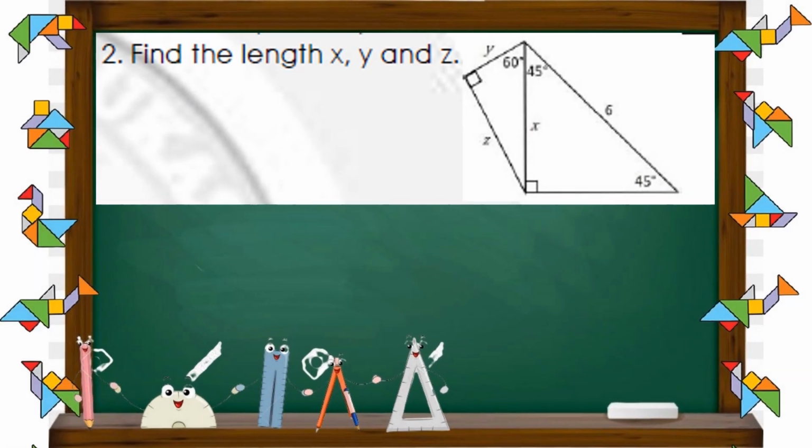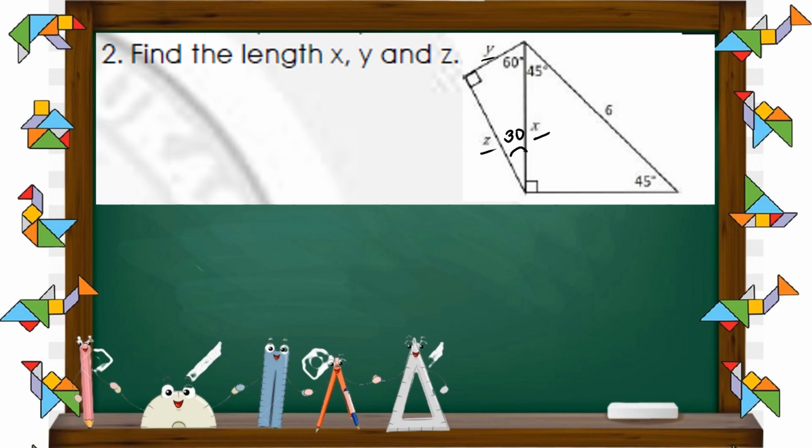For question number 2, we're given a 45, 45, 90 triangle and a 30, 60, 90 triangle. So let's note first that one. So we have here your 45, 45, and this is your 30, 60, 90 triangle. In this part, we have to get first the value of your x before we can get the value of your y and your z.